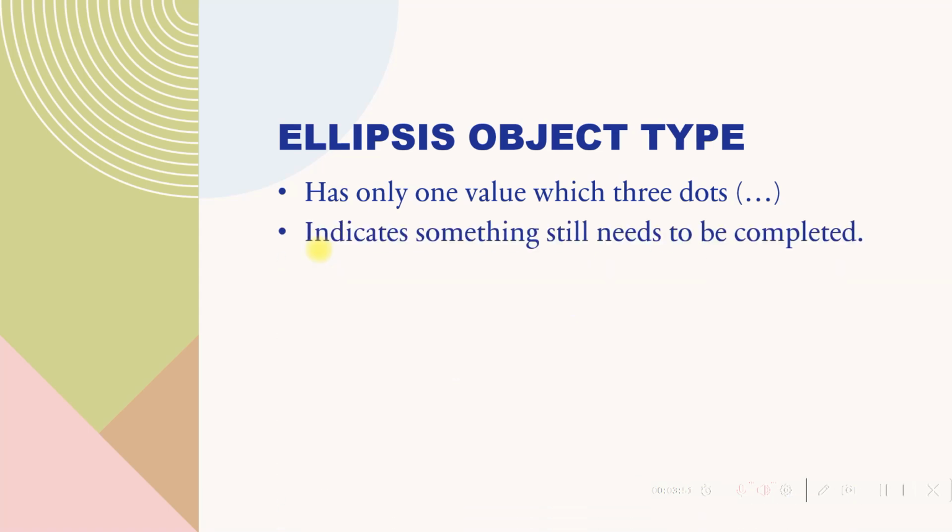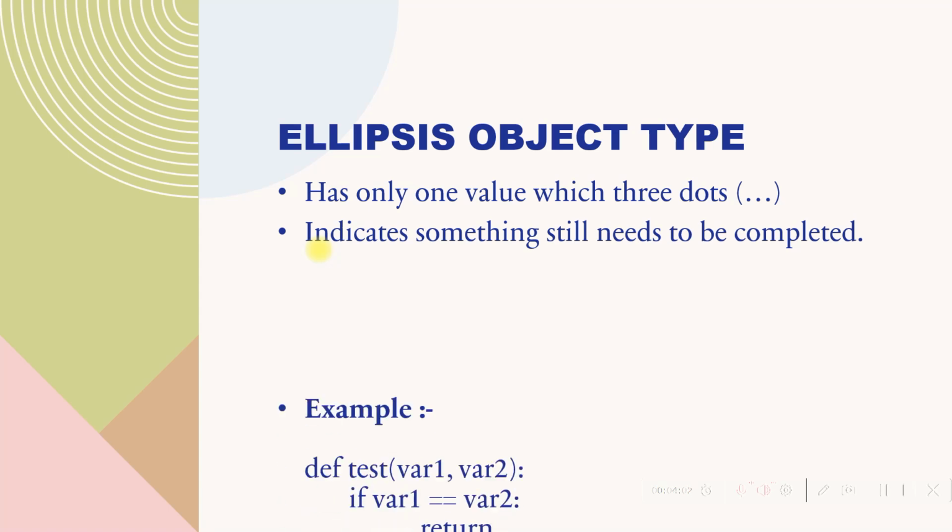Now the next object type is the Ellipsis object type. This object type again has only one value, which is denoted as three dots. And this indicates that something is still in progress. It is still not completed. It is still in the implementation phase.